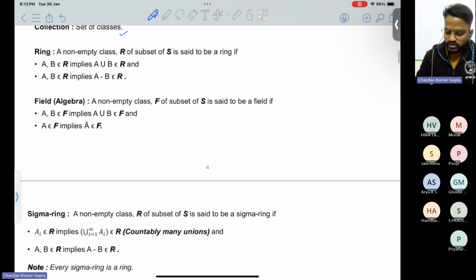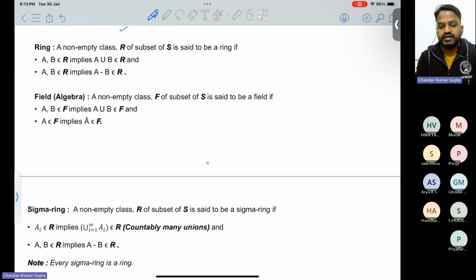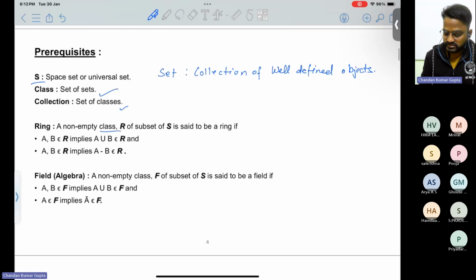Now we have also learned about rings and fields. A ring is defined as a non-empty class R, a subset of S, which is a universal set. It is said to be a ring if these two conditions are satisfied.